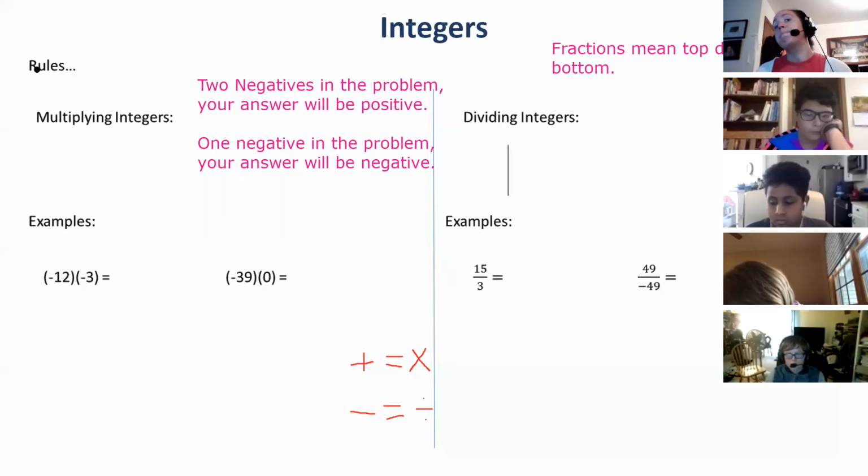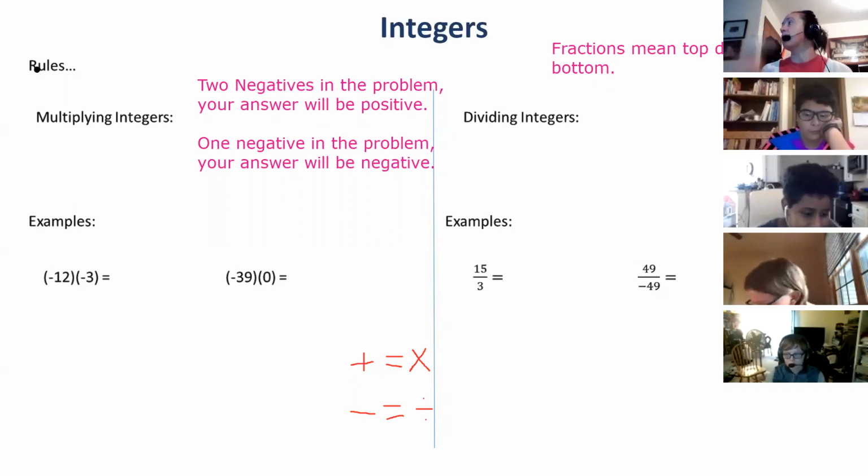Parentheses mean multiply. So what do you guys think? I'm going to do negative 12 times negative 3. There's two negatives in the problem, so my answer is going to be what? Positive. And what is 12 times 3?